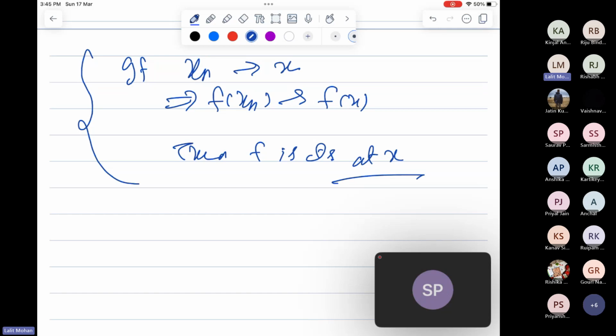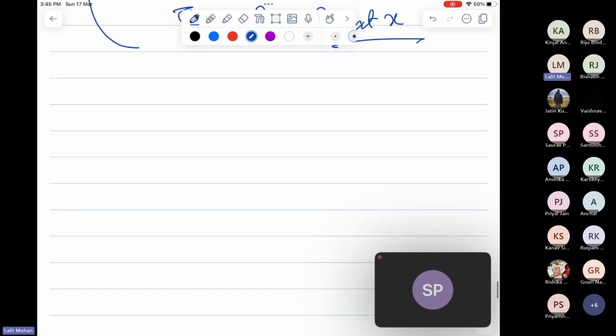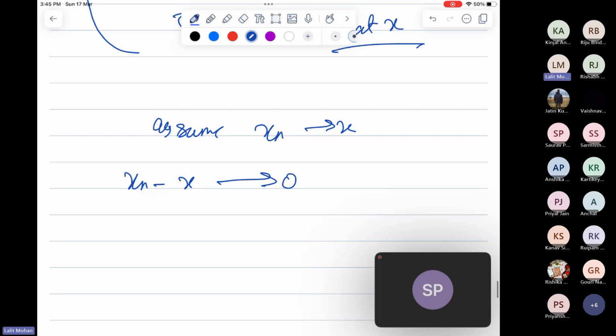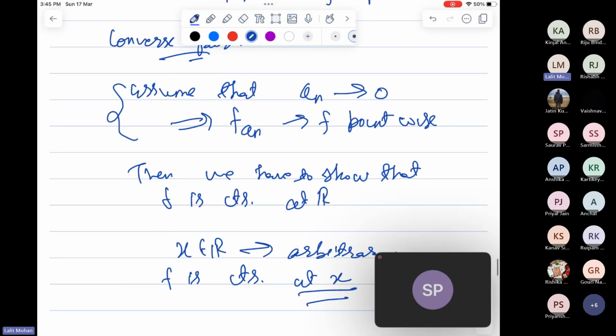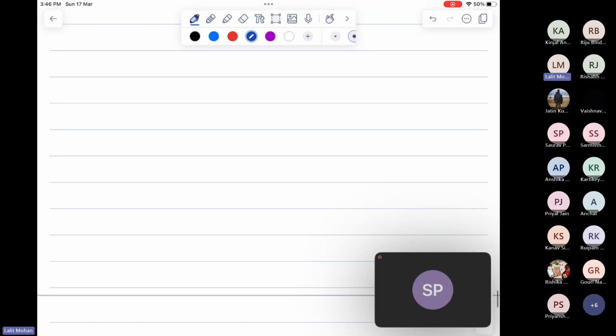So we will use this sequential criteria here. We have to show that f is continuous at x. So assume xn goes to x. Then xn minus x will go to 0, right? But we have this result: if an goes to 0, then f of an goes to f pointwise.